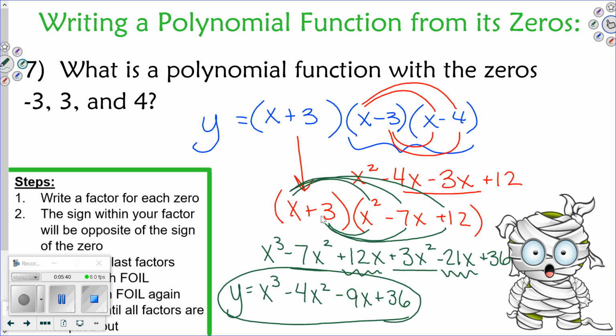Now, grab your graphing calculator. Everybody grab your calculator, hit y equals, type in your answer. So we got x cubed minus 4x squared minus 9x plus 36.